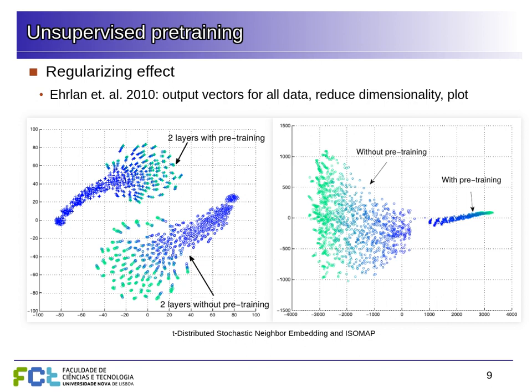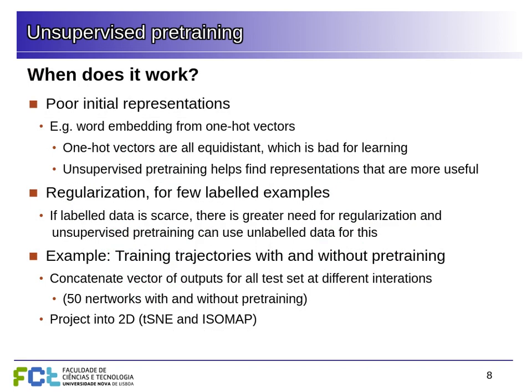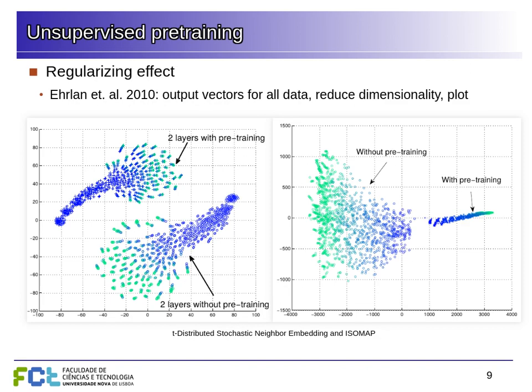So it preserves topology locally but not globally, and it allows us to see the details of the neighborhood of each point. And these points represent 50 networks, and the colors progress along the training. So they start at blue and go to cyan and green and so on to indicate how much the network was trained.